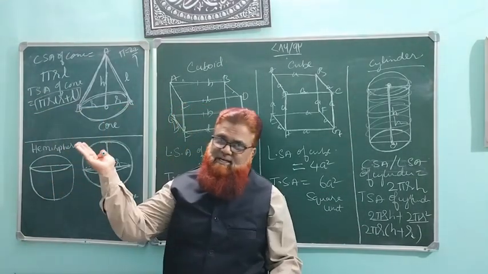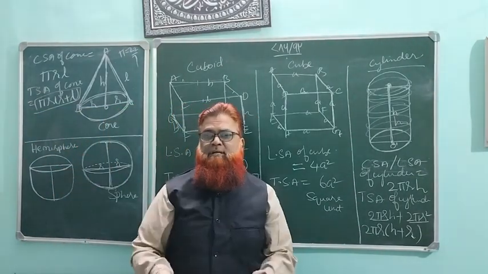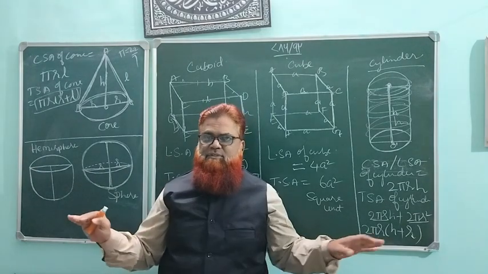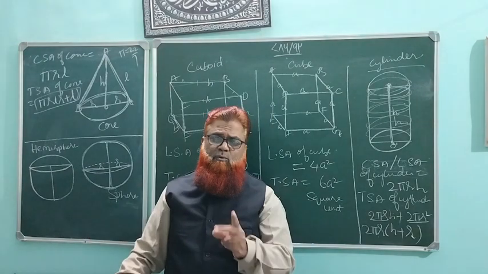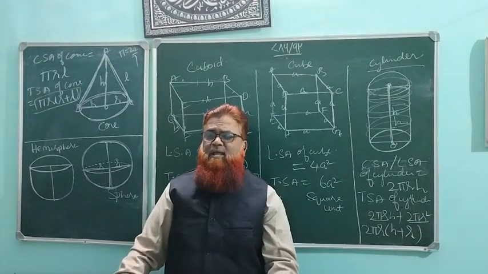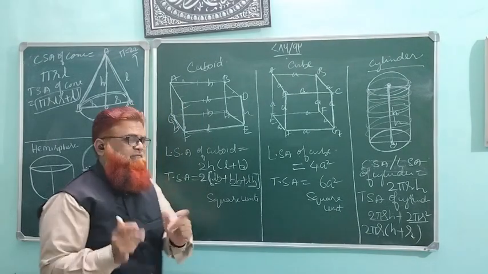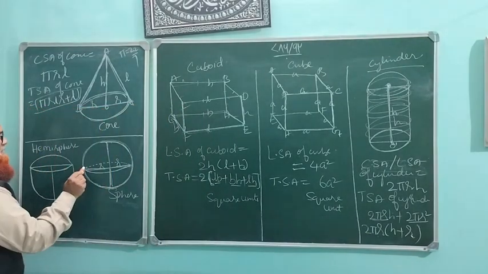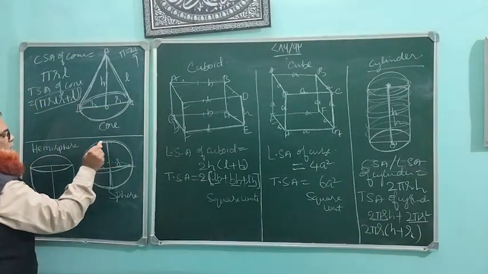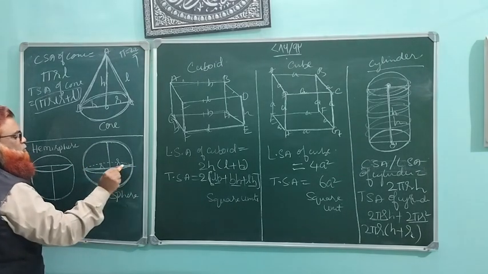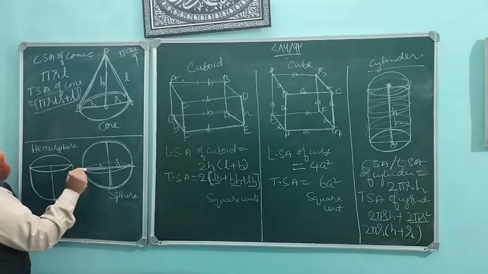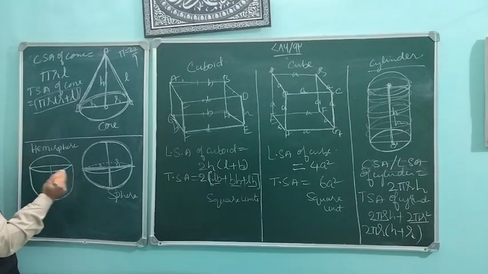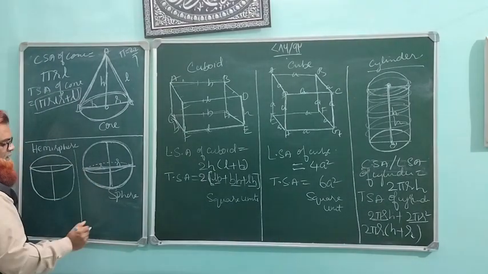If the sphere is dissected into halves, divided into two hemispheres, hemi means half sphere, when it is cut through the middle along the diameter, then we get two hemispheres.